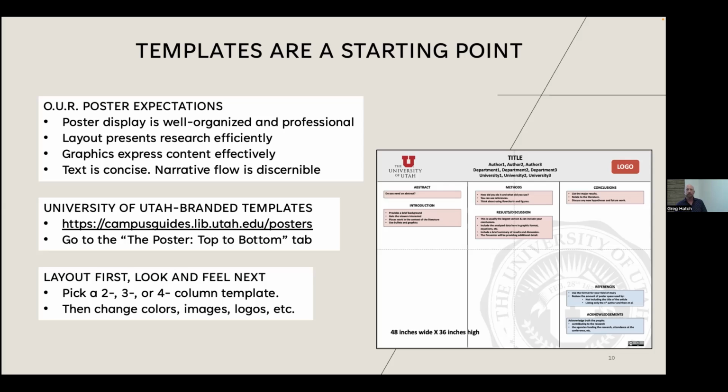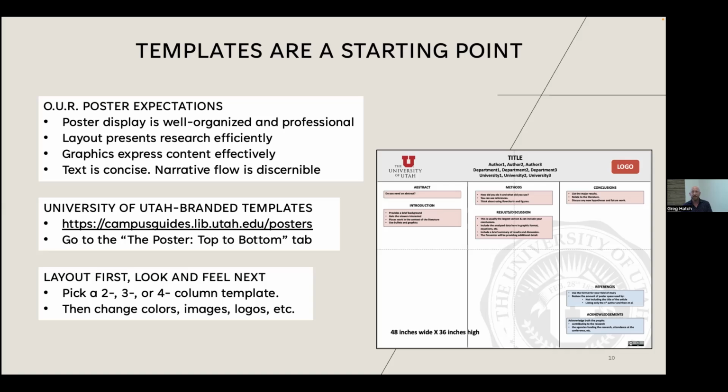The graphics should express content effectively, making sure that the image that you are choosing is communicating what you think it's communicating. And also sort of related to the layout, thinking about making your text the beginning of your poster and where you would want somebody to go to start and make their way through the poster if you were not standing next to it, but that flow is discernible.